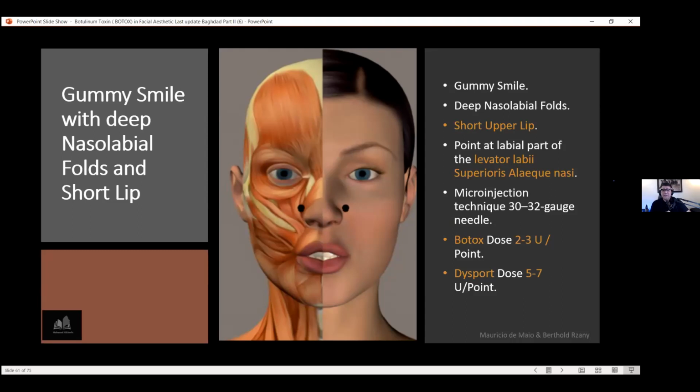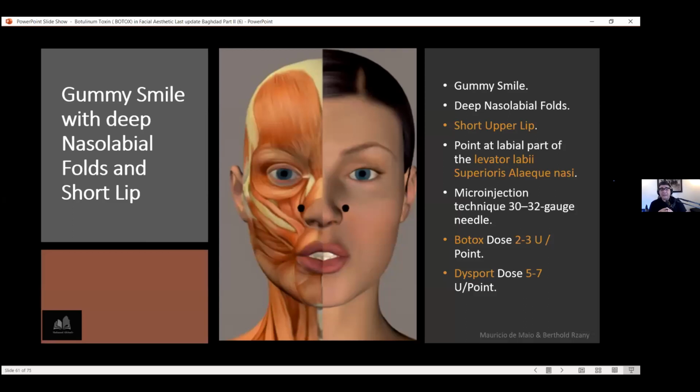These 2 points go with a point at the most labial part of the levator labii superioris alaeque nasi muscle, which is responsible for upper lip elevation, sometimes with a hyperkinetic muscle. It's going to be combined with a deep nasolabial fold.